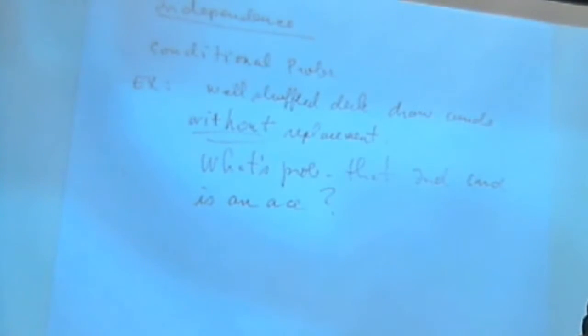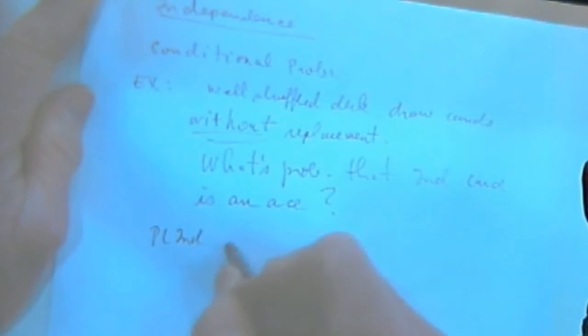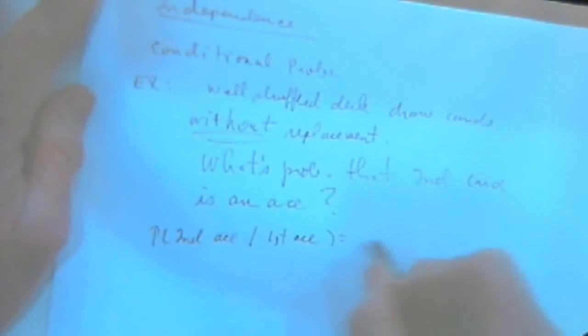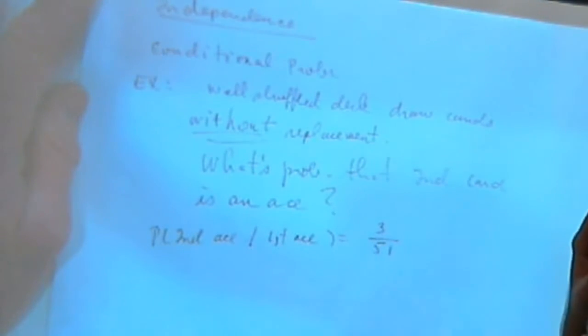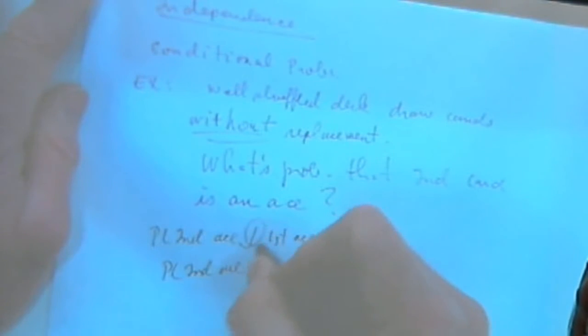And usually what I get when I ask this question is these conditional probabilities. Here are some probabilities that are simple. If the first card's an ace, then there are 3 aces and just 51 cards left.